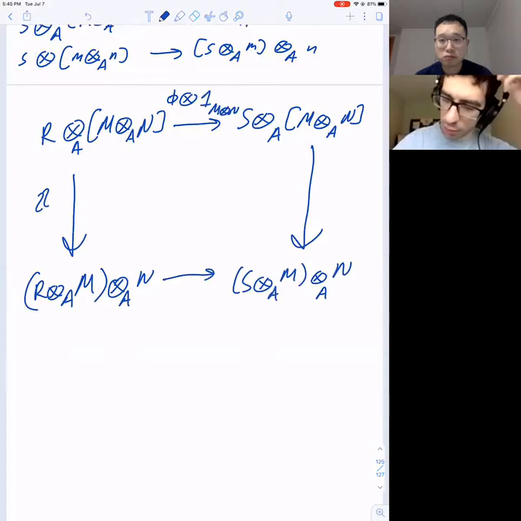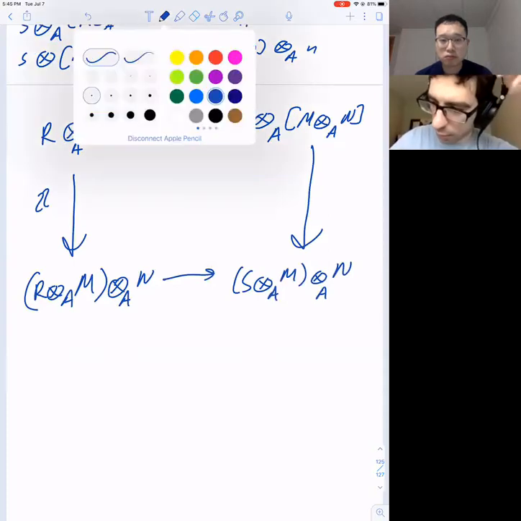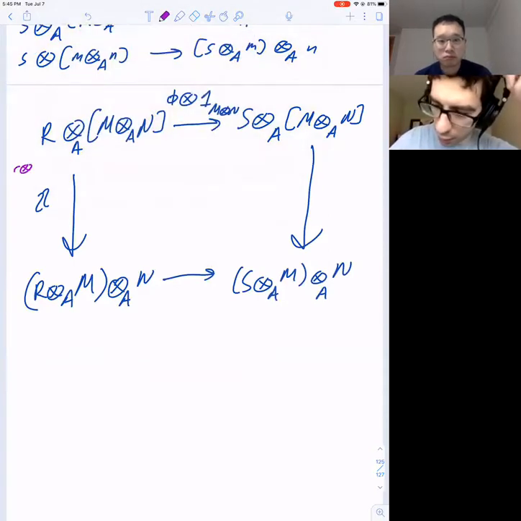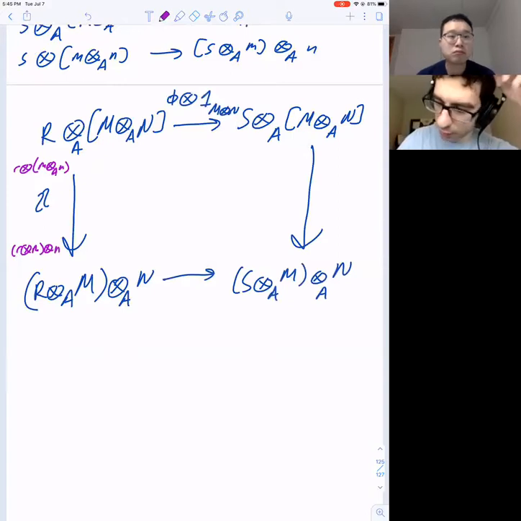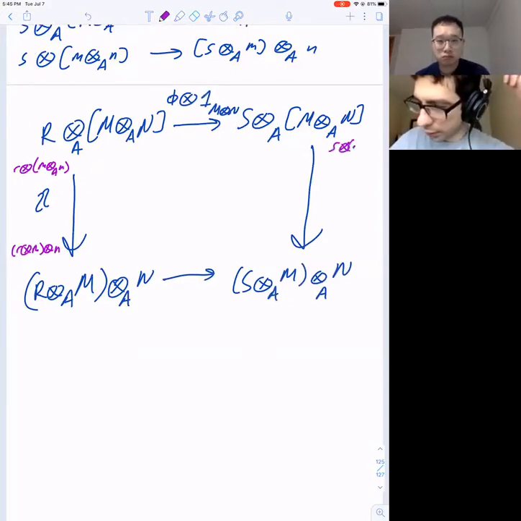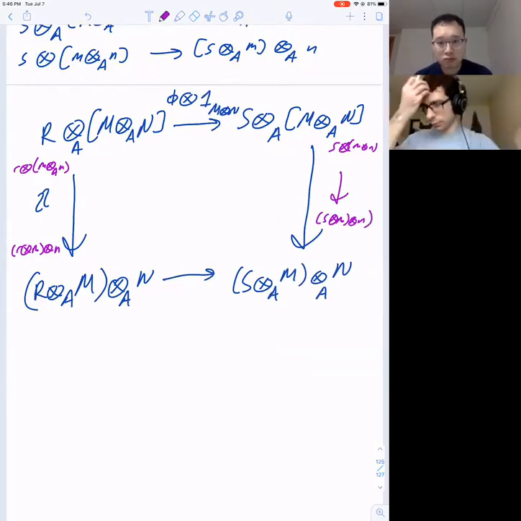Here is that isomorphism mapping R tensor M tensor N to R tensor M tensor N, S tensor M tensor N to S tensor M tensor N.